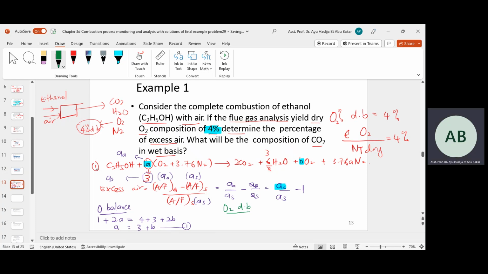Okay, so O2 in flue gas is determined as 4%, where we know that from this equation. Using this, the O2 over here, B over N total dry, is equivalent to 0.04. The N total dry, you sum up 2 plus B plus 3.768.